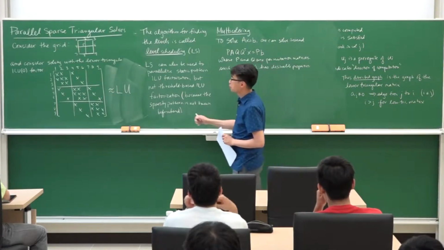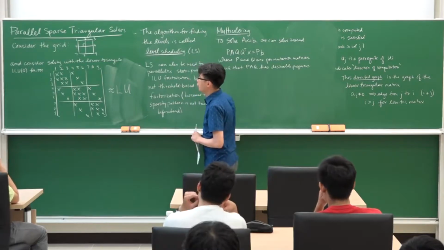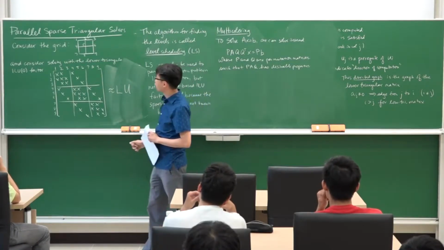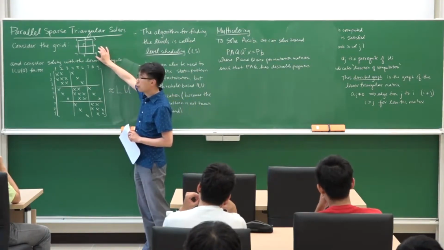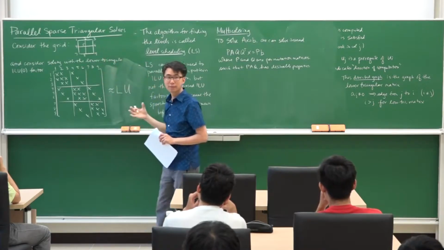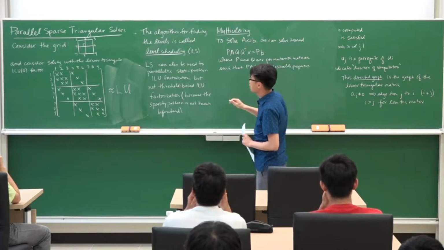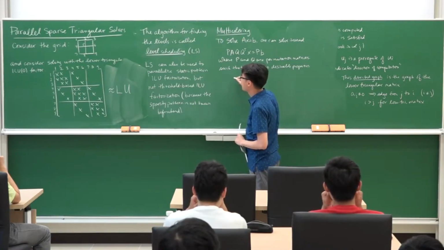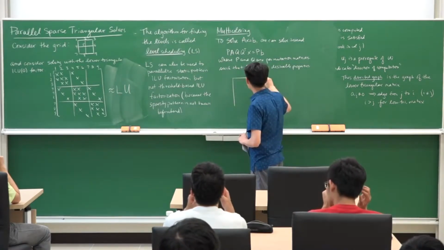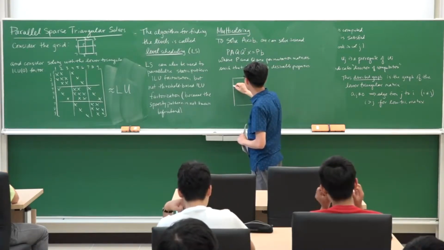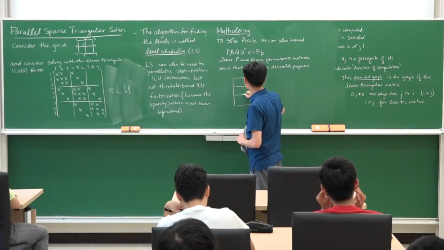Okay, so let's go back to this example again. And instead of ordering the nodes in the natural ordering, let's consider a different ordering. And actually, no, let me do a slightly larger problem because it'll be hard to do it on a smaller problem. So let's consider this grid, 4x4 grid.